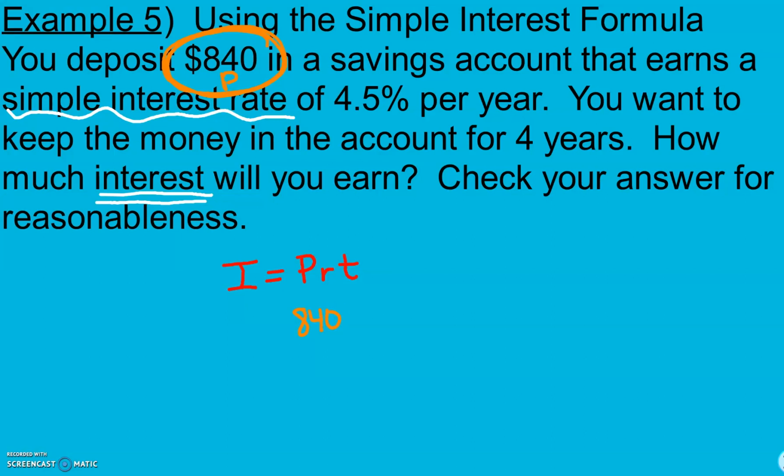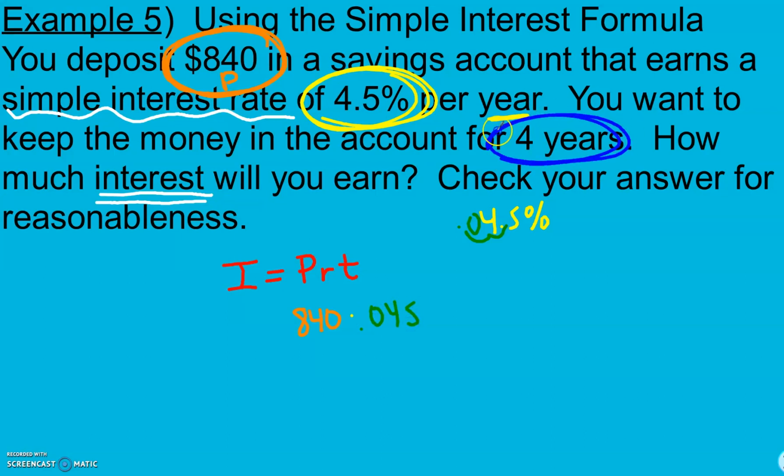Our interest rate, it tells me, is 4.5% per year. Make sure it's per year. And we enter that as a decimal. So 4.5% as a decimal, we move it 2 places, and we get 0.045. Then our time is 4 years.